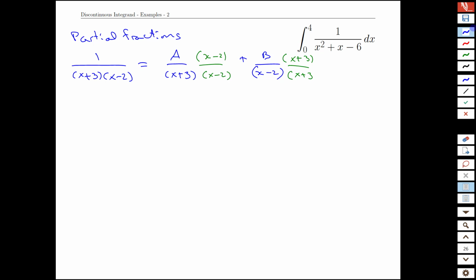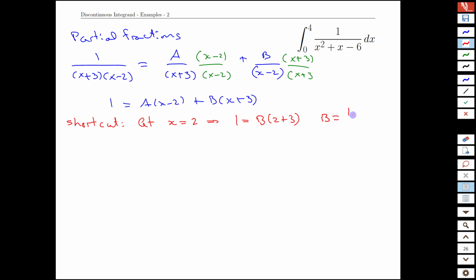And when we multiply that out, we're going to get 1 equals a times x minus 2 plus b times x plus 3. Nice distinct linear factors. And then we can do our little shortcut where we let x equal some number. For instance, if we let x equals 2 here, we're going to get 1 equals 0 times a plus b times 2 plus 3. b equals 1/5.